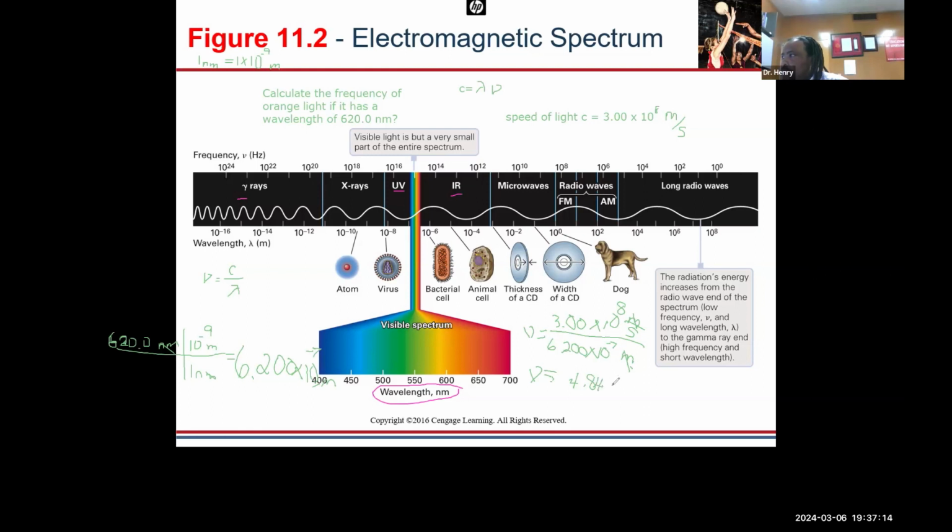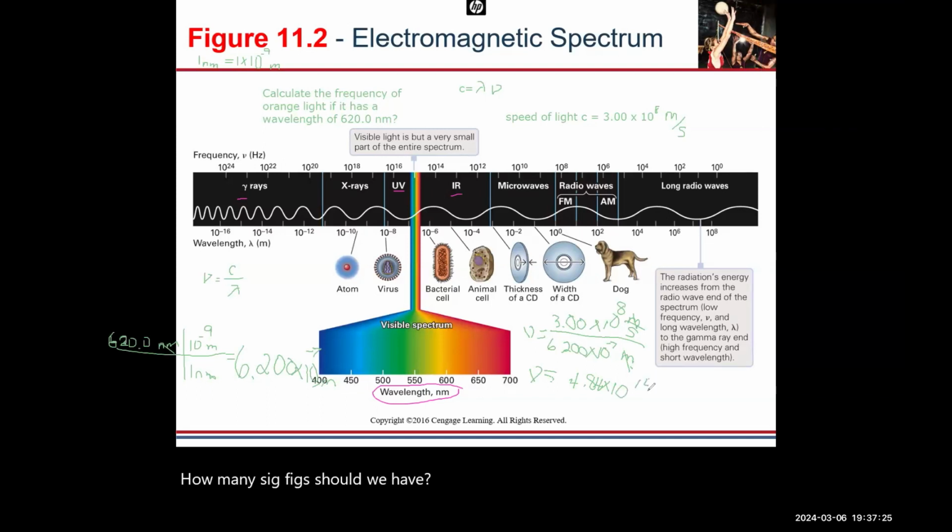How many sig figs should we have? Two? Three?